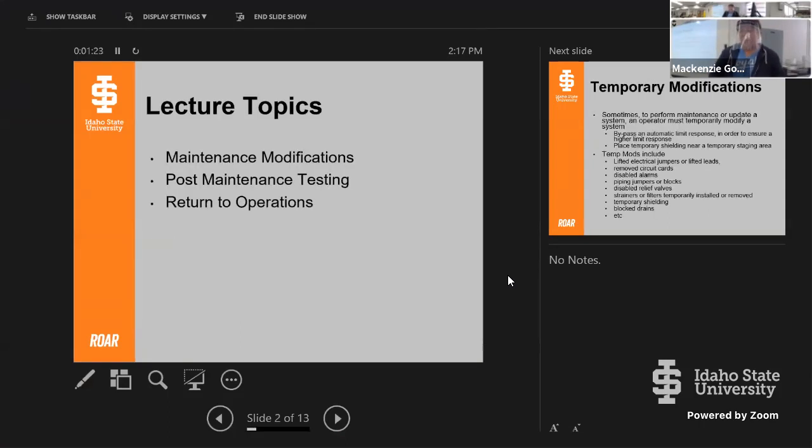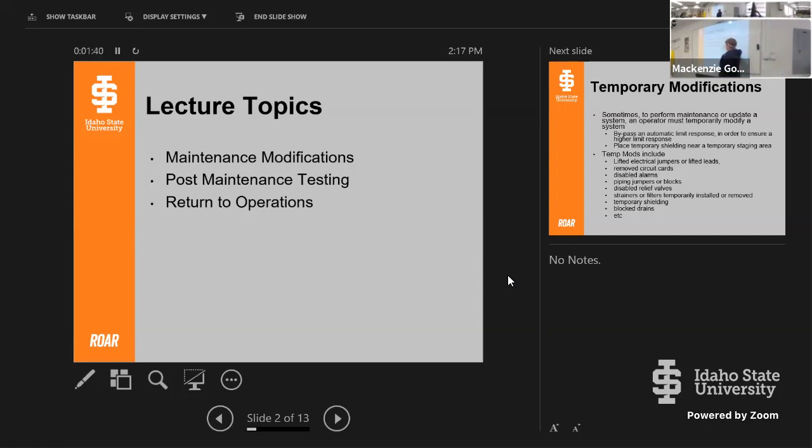Okay, so we're going to talk about maintenance modification and the kind of temporary mods to systems that you might expect to see as a regular part of maintenance activities on your facilities.